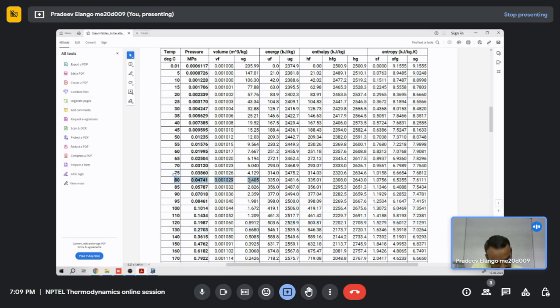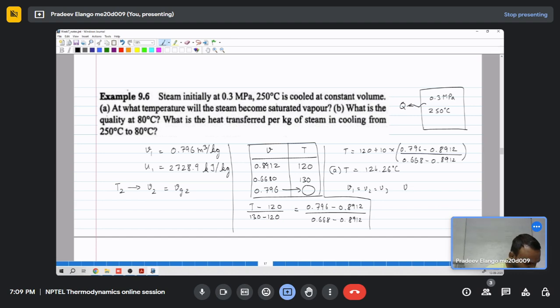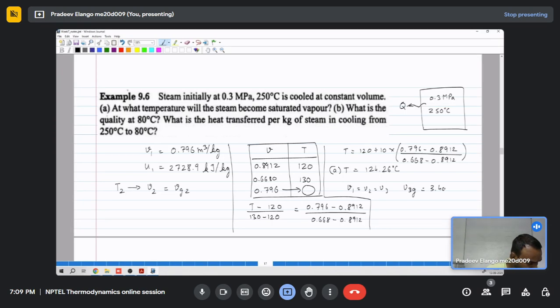At 80 degrees Celsius we have found from the steam table that Vf is 0.001029 and Vg is 3.405 meter cube per kg. So V3g equals 3.405 meter cube per kg, and our V3 is 0.796.